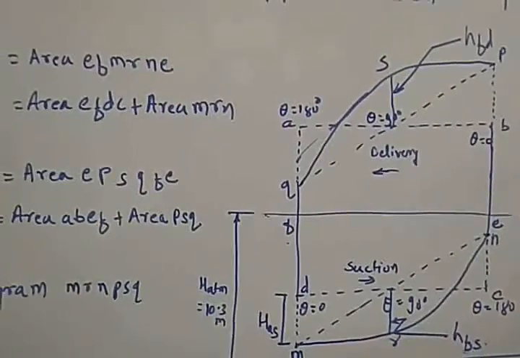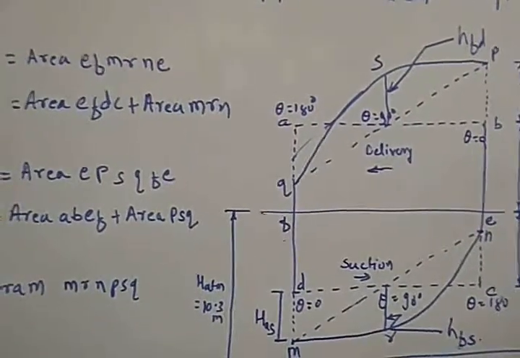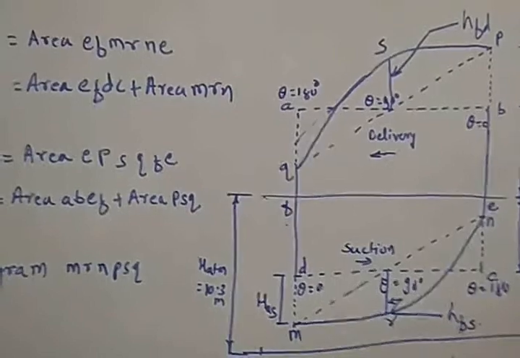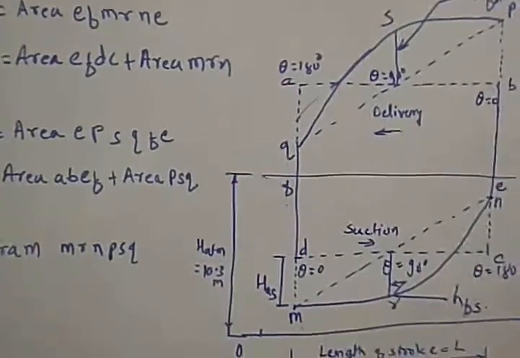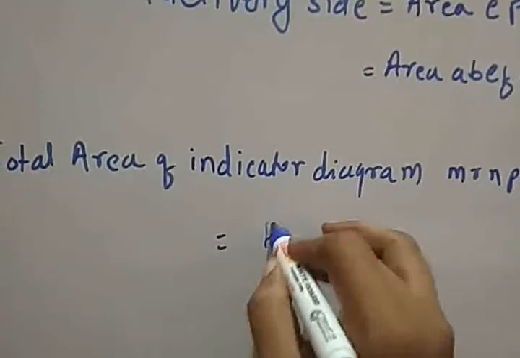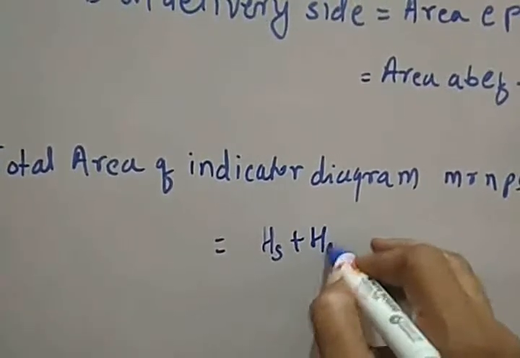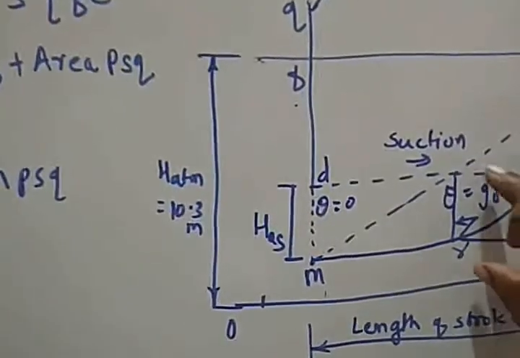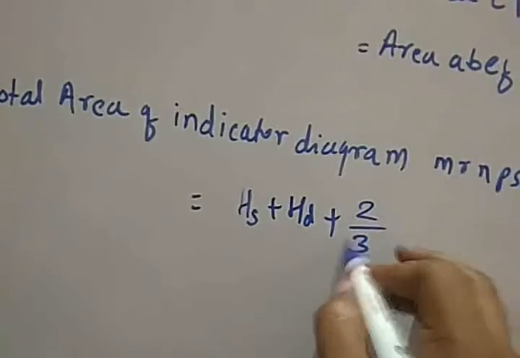As this is a parabola, I will take the mean ordinate over here. The mean ordinate is 2/3 of its maximum ordinate. By using that principle, I can write the total area of the indicator diagram as HS plus HD plus, on the suction side, the maximum ordinate is HFS, so 2/3 of it is the mean ordinate.